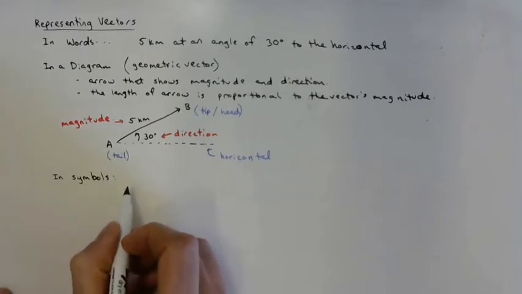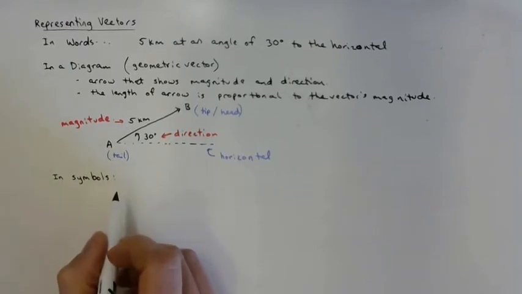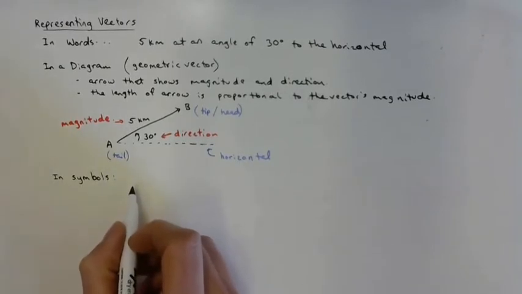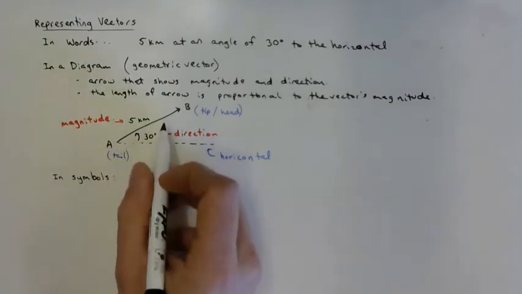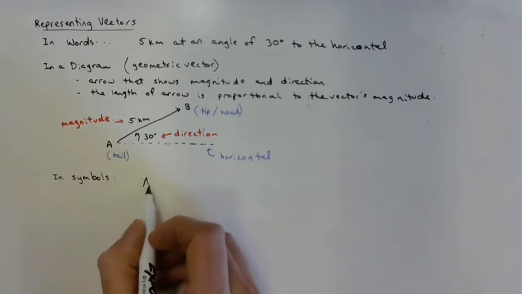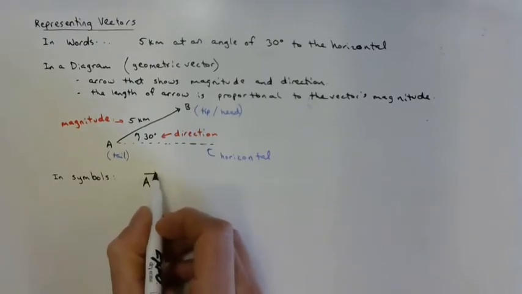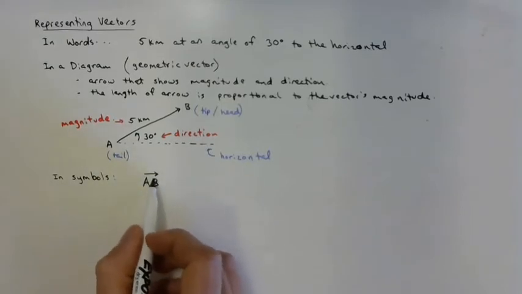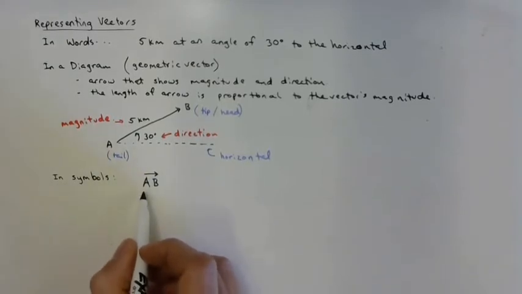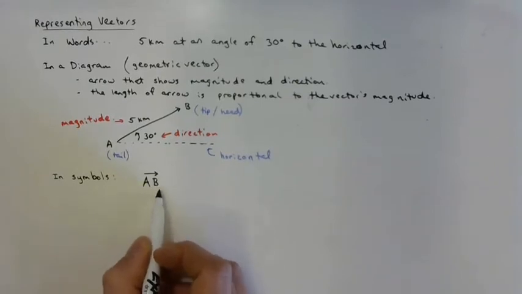There are a couple of different ways that we use symbols. One of them is just using kind of a line segment or ray notation. So this is vector AB, which would be like this. Vector AB, okay? This little arrow indicates that it's a vector, and it's the vector that goes from the starting point A to the end point B, from the tail to the tip.